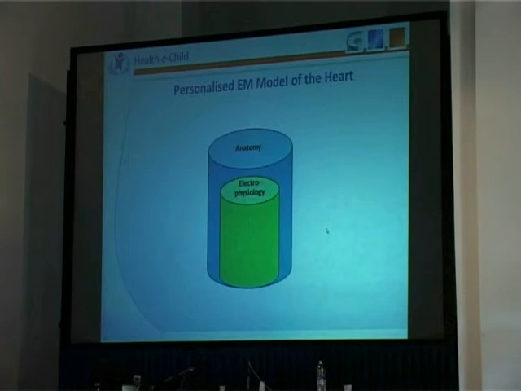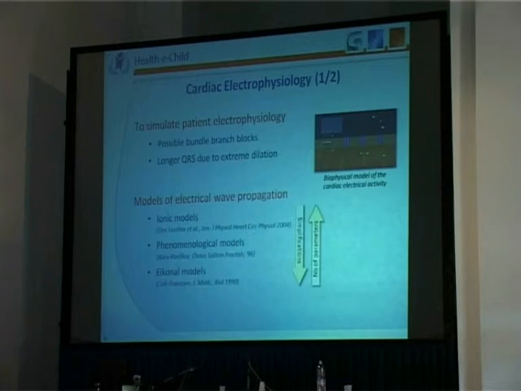Now you have an anatomy. You have the fiber direction. You have to simulate the propagation of the electrical wave that will trigger the cardiac function. Here, the idea is to have a model in your computer to simulate pathological troubles of the rhythm.